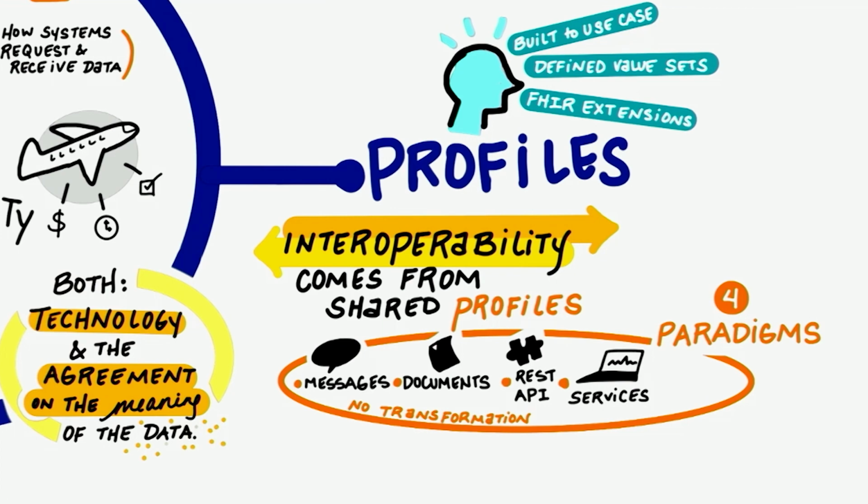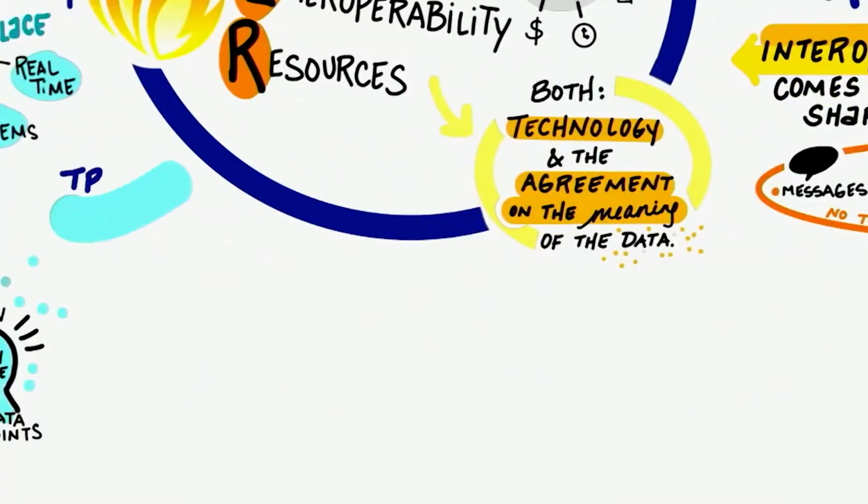You can put it in a document, like the equivalent of a CDA document, and send it somewhere. Or you can use that lab result in a decision support service, because when data is in a particular FHIR profile, it is computable just as it is. You don't have to do something to it to make it computable. So interoperability across paradigms is a very important feature of FHIR.